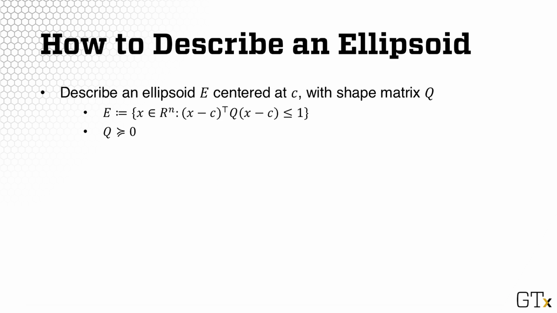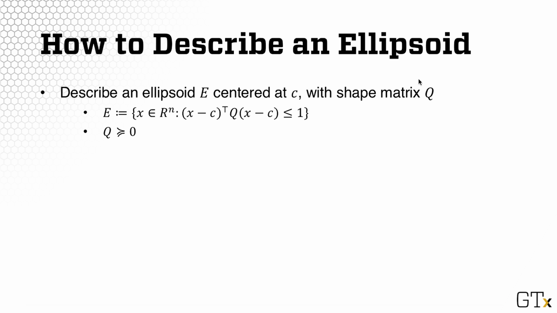Okay, so let's see how to describe an ellipsoid. An ellipsoid is described by only two things. One is the center, where the ellipsoid is centered. The other is its shape. The center is a vector c. Remember, these are high-dimensional ellipsoids, n-dimensional ellipsoids, so c is an n-dimensional vector. Then we need a matrix to describe the shape of this ellipsoid.